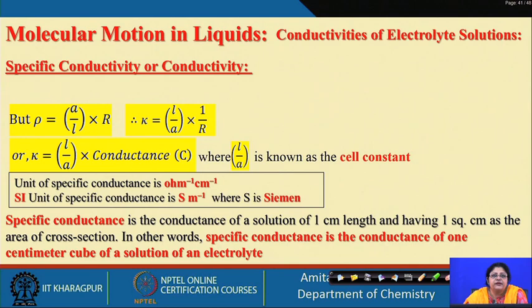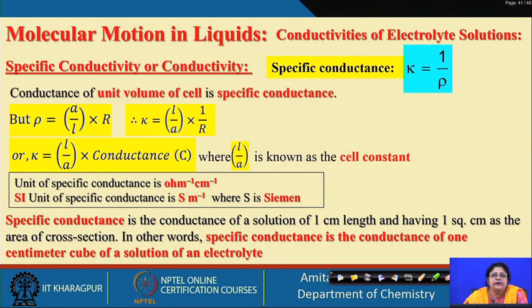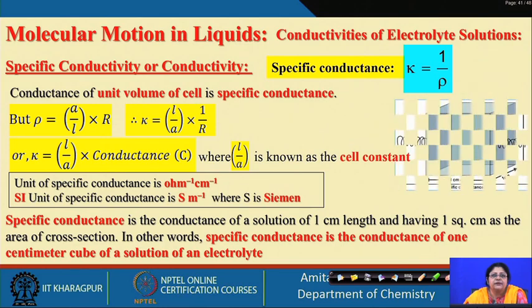In other words, we can say the specific conductance is the conductance of 1 centimeter cube of a solution of an electrolyte. Okay. So, this is by definition what we have. Specific conductance is kappa, the reciprocal of specific resistivity. So, this is how you represent it.